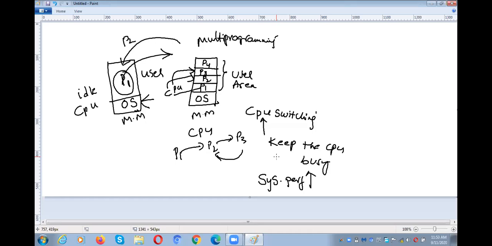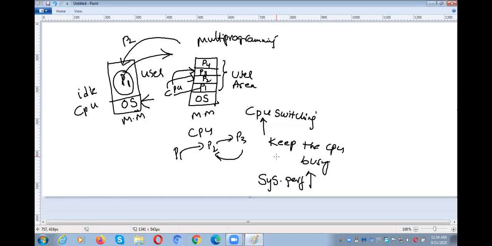Tell me, what is a parallel system? Executing many processes in parallel. In parallel, okay. With the help of a single processor or multiple processors? Multiple processors. Right.